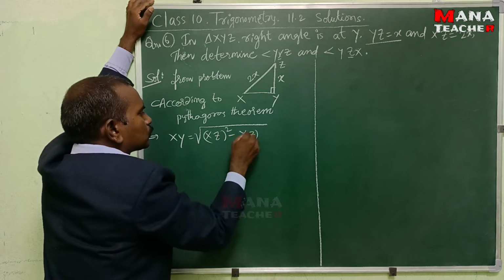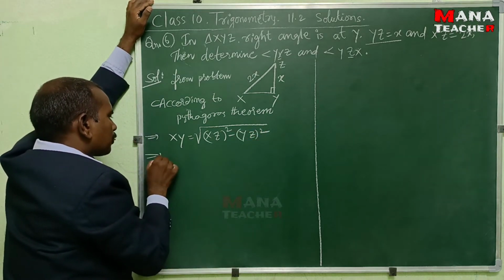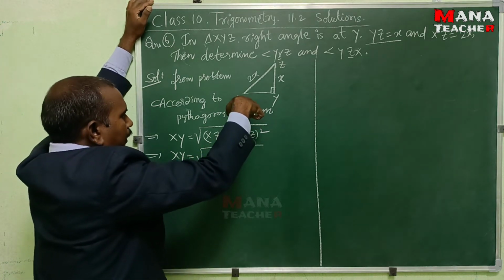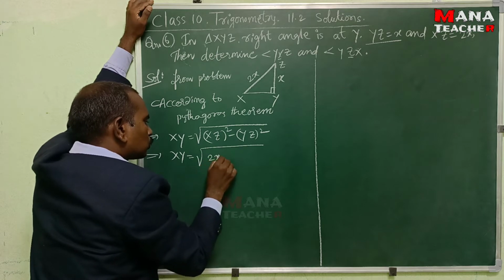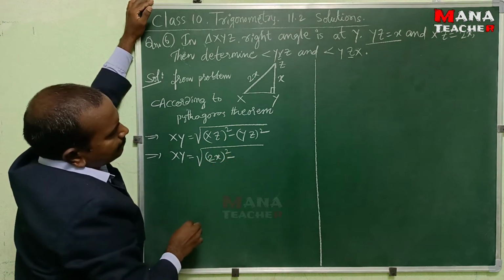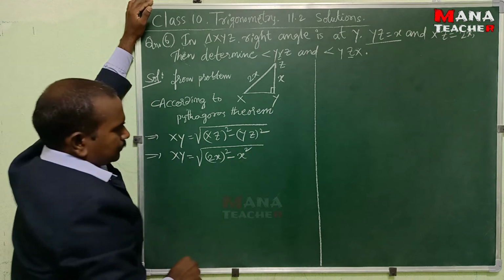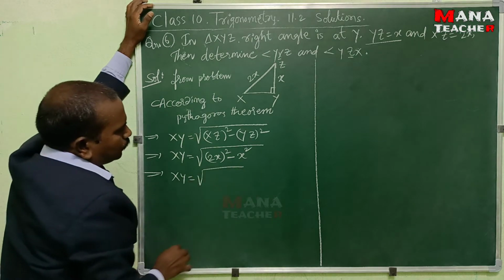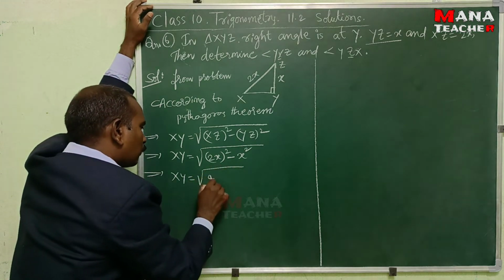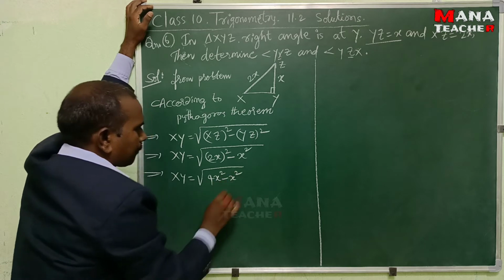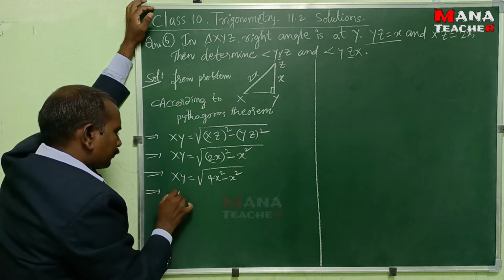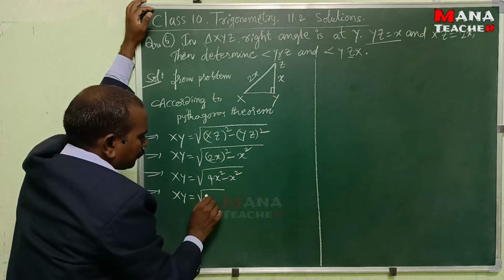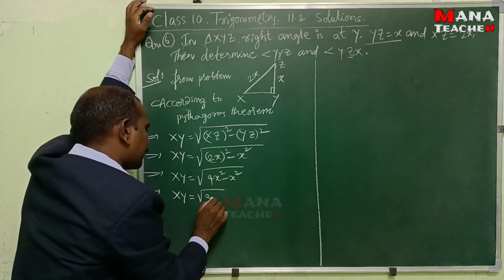Now XY equals under root of 2x whole square minus x whole square. 2x whole square means 4x square minus x square, 3x square.